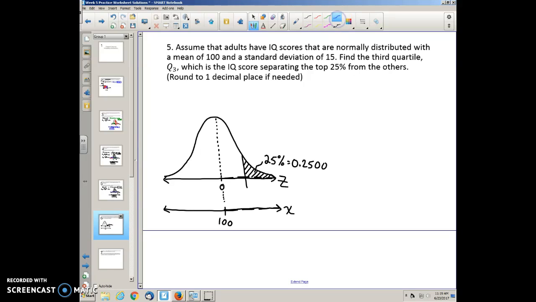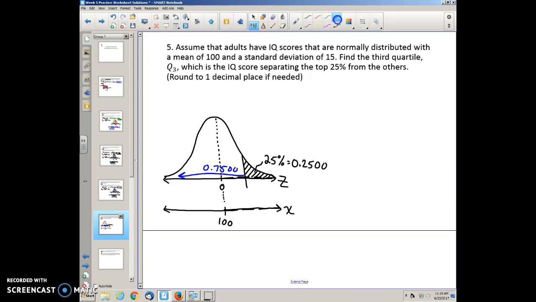The area to the left of that shaded region, if you're using the table, it's important to always find the area to the left. 0.7500.